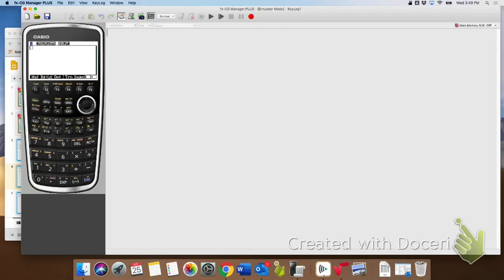MAT stands for matrix, and this is where we're going to find all of our matrix operations. The operation that I want, I go over to this arrow so I can see more options, so F6. The option I want is RREF, which is under F5. So I'm going to select RREF. That stands for reduced row echelon form, which is what we want to be able to find our answer simply.